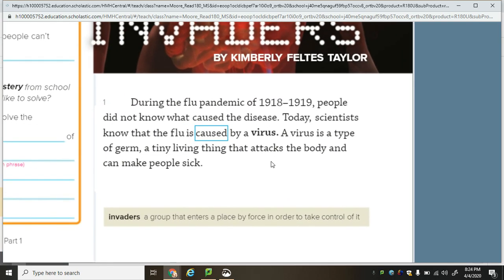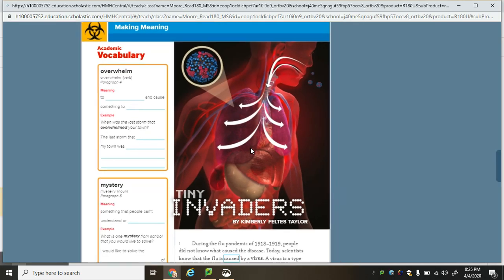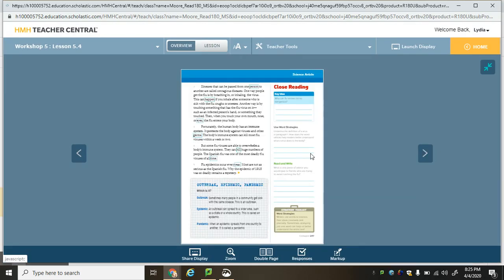So to me, if I took the word attack out, it would just say a virus is a type of germ or a tiny living thing that is in the body and can make people sick. To me, that just means that it's in the body and just sitting there. But the word attack means that it's actively going out and moving through the bloodstream to different parts of the body and actively trying to almost kind of kill you, you know?